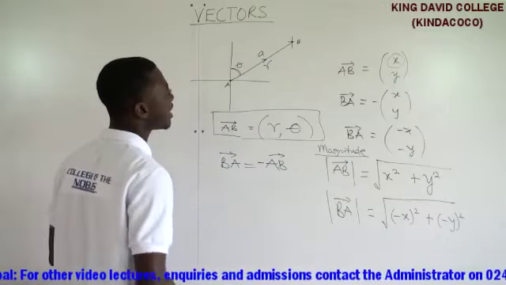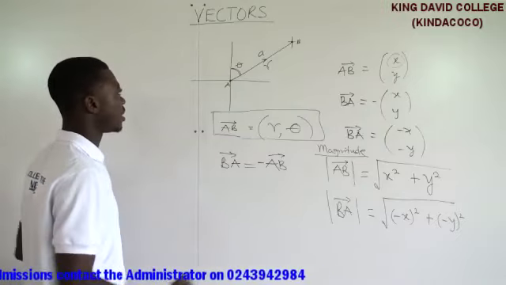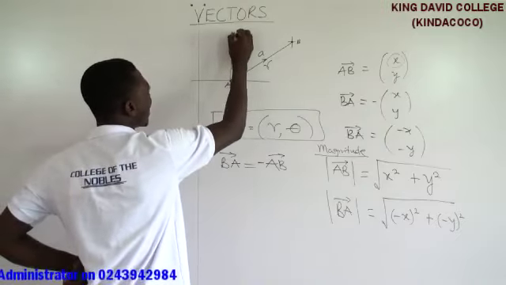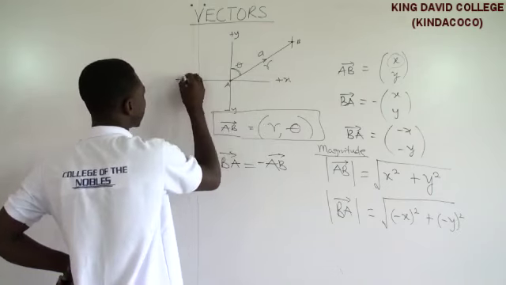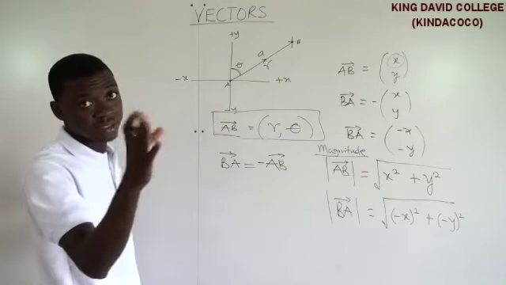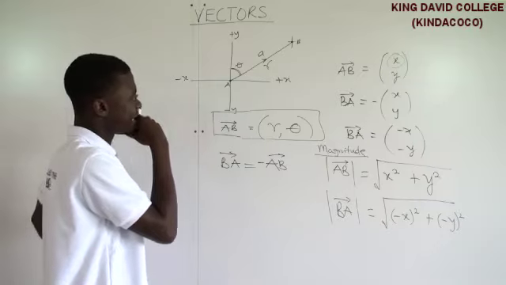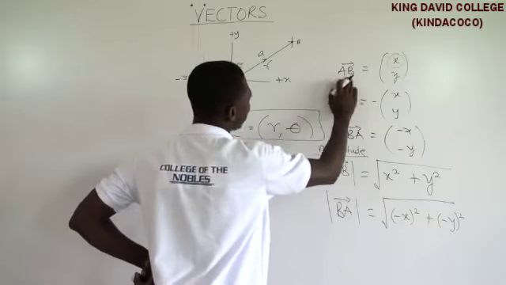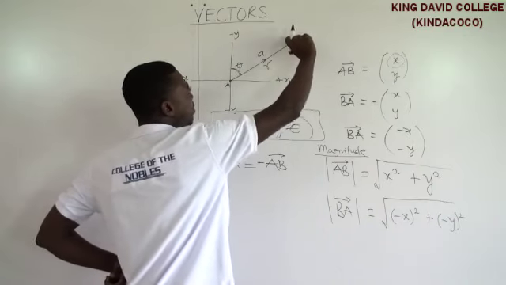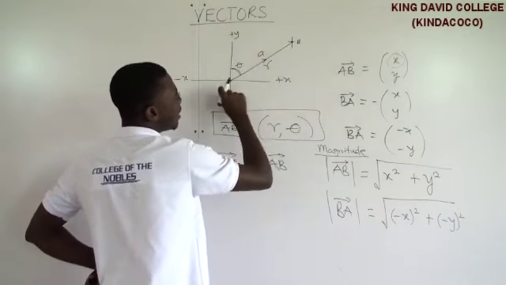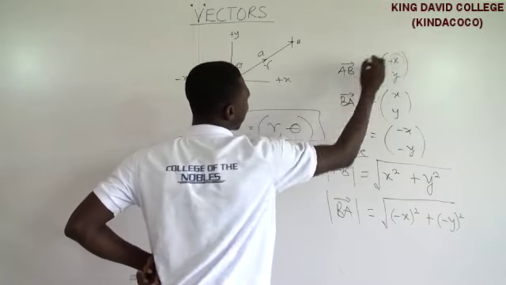Because if you have to locate this on the Cartesian plane, we all know that the Cartesian plane has positive Y, positive X, negative Y, and then minus X. So with vector AB, if I resolve this, resolving is like pulling this line onto the X. You realize that it will lie on this X here, so the X is going to be a positive value.